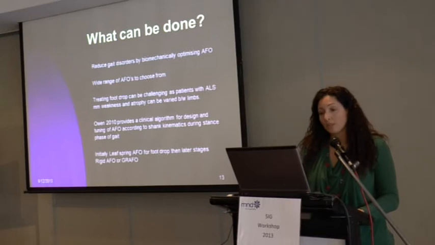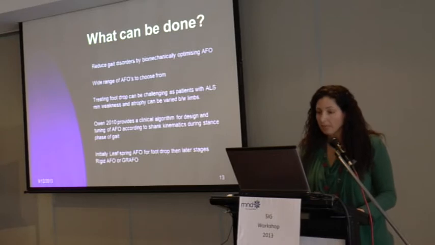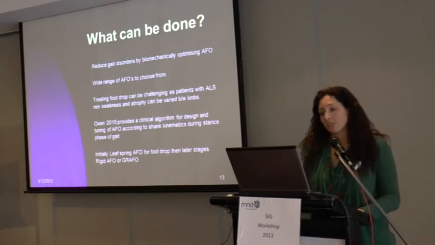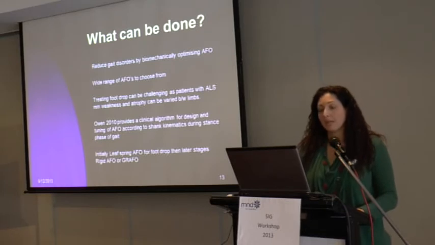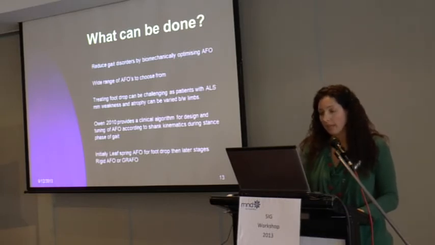In a paper by Owen, written in 2010, he provides a clinical algorithm for design and tuning of AFOs according to the shank kinematics during stance phase of gait. He initially says to prescribe a leaf spring AFO for foot drop, and later stages get more rigid, and it can get more supportive, and you can use a ground reaction AFO which starts to come up the knee.